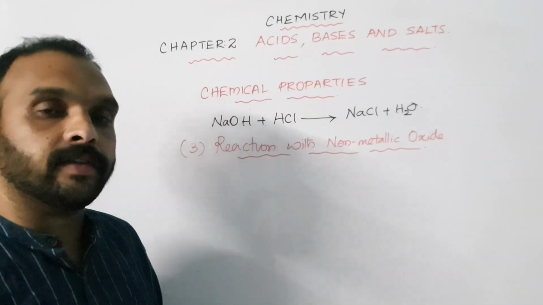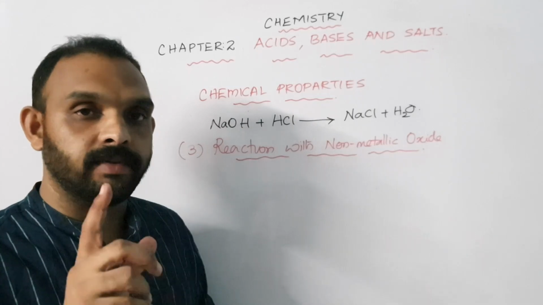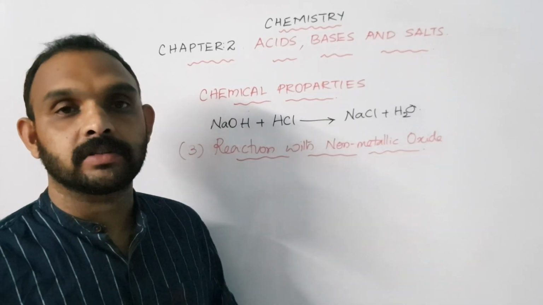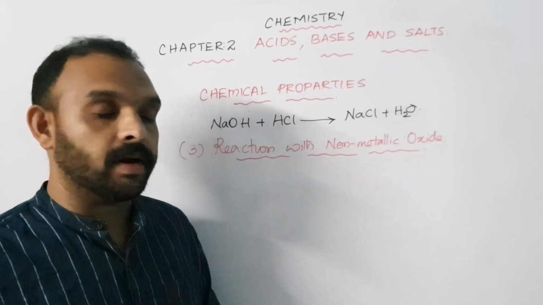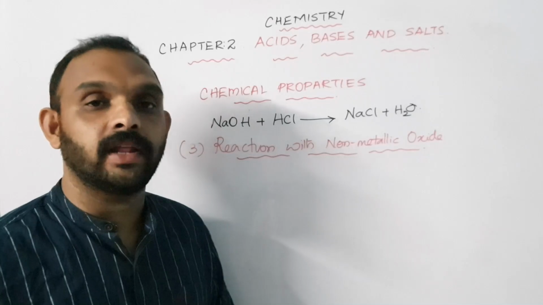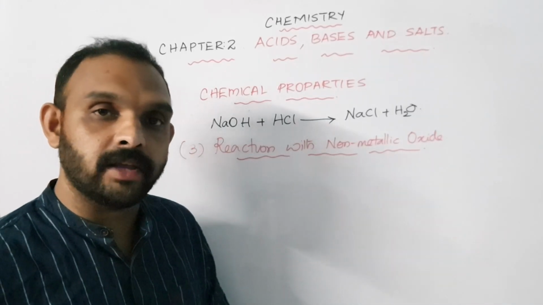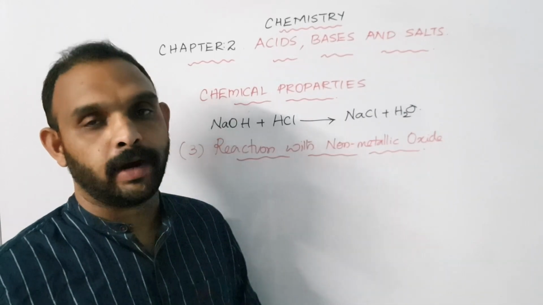In the case of acids, we have seen that it was reaction with metallic oxides, and we have studied that metallic oxides are basic in nature. That's why they react with acids. But here, non-metallic oxides are acidic in nature, so they will react with bases to form a metal salt and water.